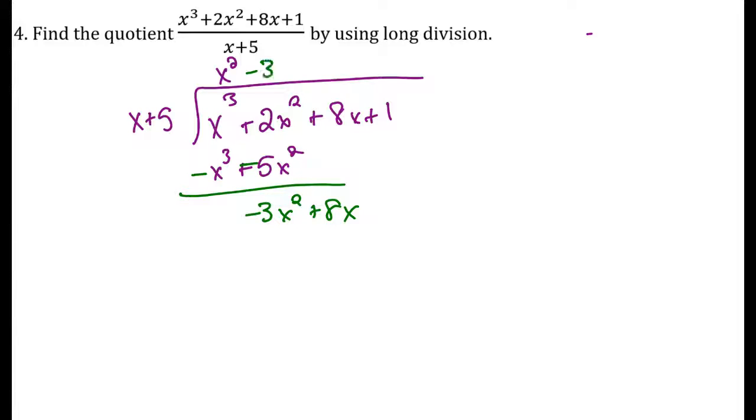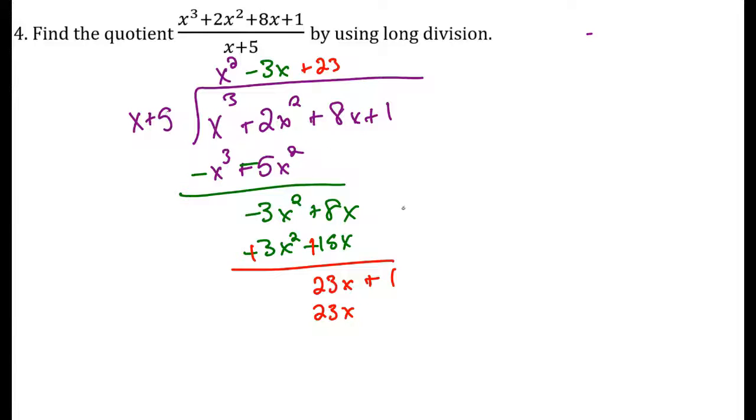Well, minus 3x times x gives me minus 3x squared. Minus 3x times 5 is minus 15x. I'm going to change the signs to subtract, and I get 23x plus 1. Restart the long division algorithm. Well, plus 23 times x gives me 23x. 23 times 5 is 115.